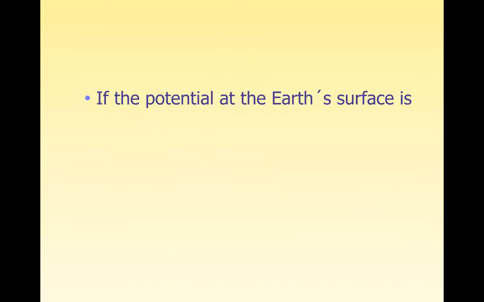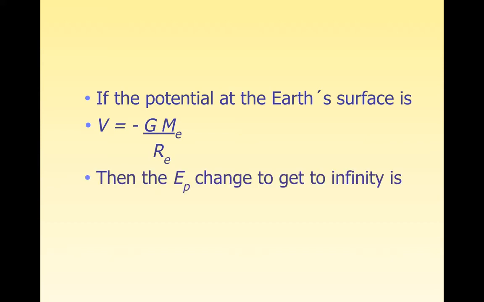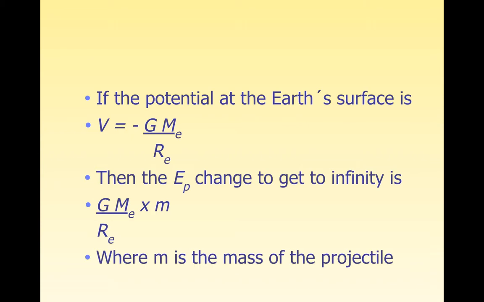So if the potential at the Earth's surface is given by minus the gravitational constant G multiplied by the mass of the Earth divided by the radius of the Earth, that gives us the potential on the surface. Then the potential change to get to infinity is related by the potential multiplied by the mass of the object.